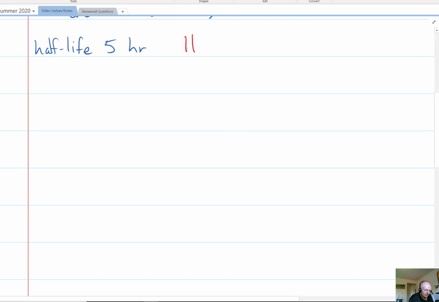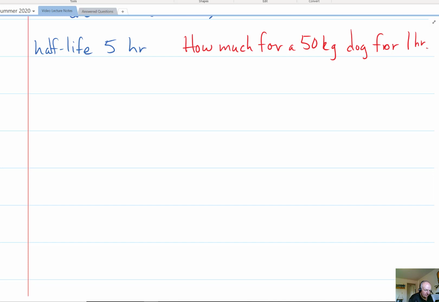So how much for a 50, I guess kilograms I should say, 50 kilogram dog for 1 hour? So in other words, we need there to be at least 45 milligrams per kilogram in the dog for 1 hour.